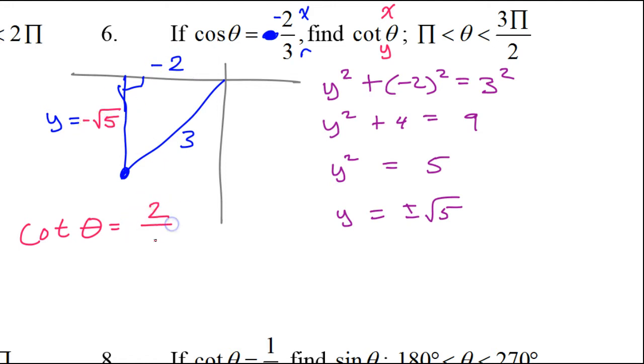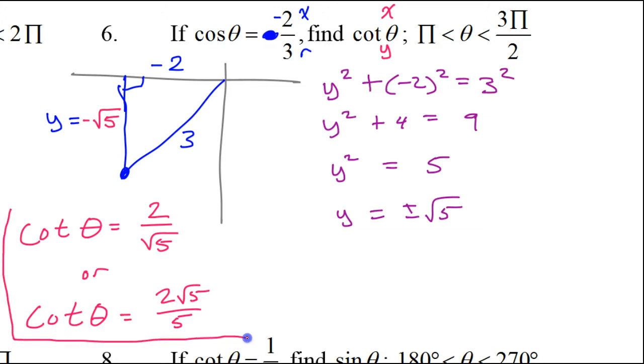A negative divided by a negative is a positive, so I'm going to go ahead and put 2 over radical 5. All right, the negatives cancel out. Rationalizing the denominator, if you're into that sort of thing, would be 2 radical 5 over 5. So this will be the answer to number 6.